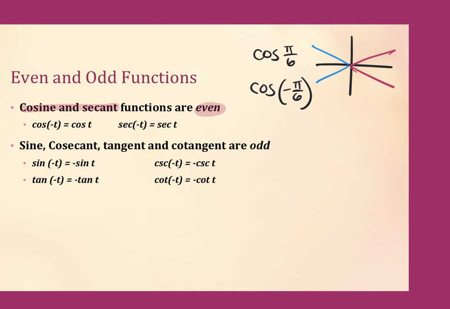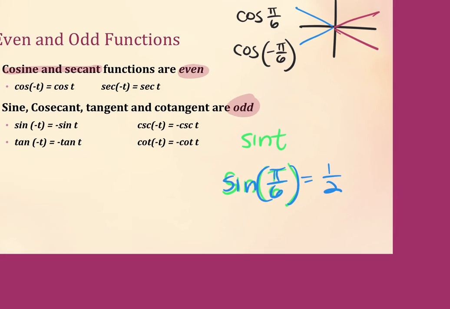But all the other terms are called odd. And these change. So if I'm finding the sine of positive t, then the sine of negative t is going to be the opposite sign. So if I have sine of pi over 6, which is the y at pi over 6, which is 1/2, the sine at negative pi over 6 is going to be negative 1/2.